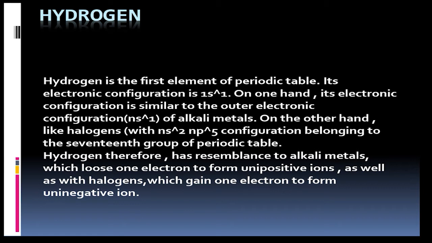It means the valency of alkali metals and halogens is 1, the same as the valency of hydrogen. So we can say hydrogen has resemblance to alkali metals, which lose one electron to form unipositive ions, as well as to halogens, which gain one electron to form uni-negative ions.